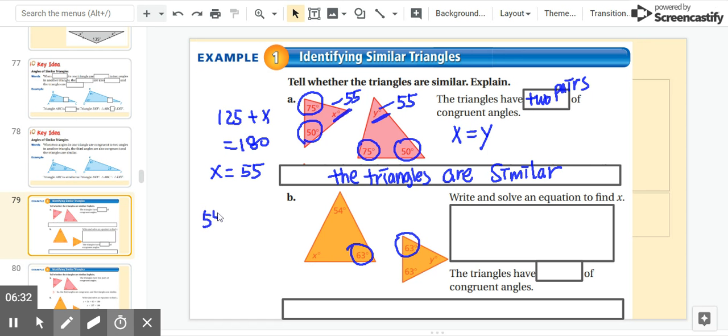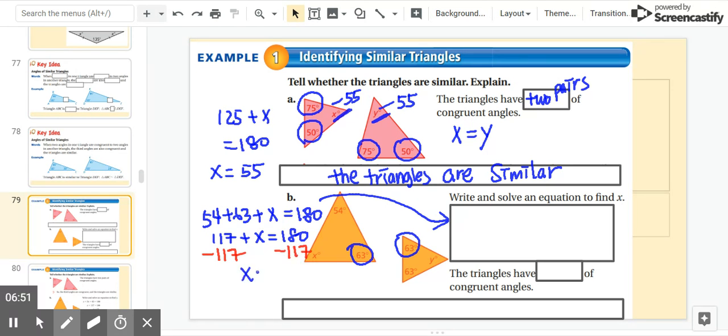So 54, 63, and x is equal to 180. You may put it in this box. So now 117 plus x is 180. So x is equal to 63.